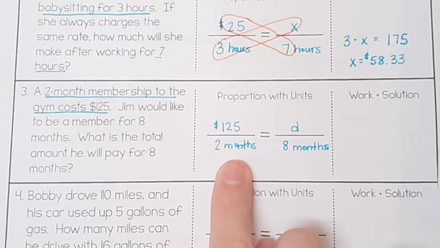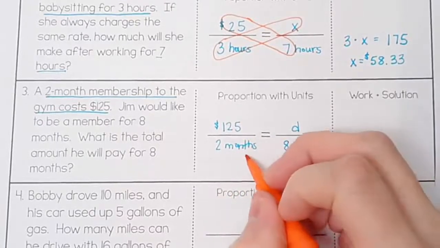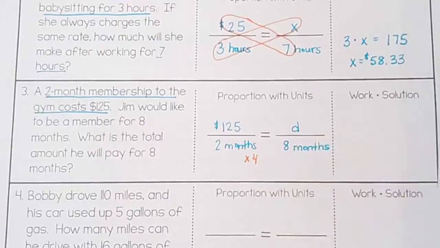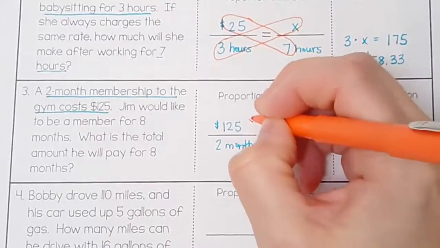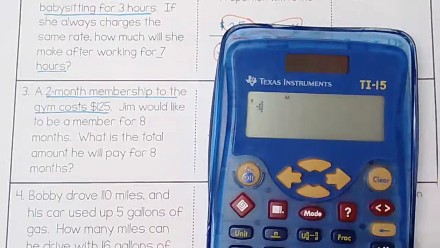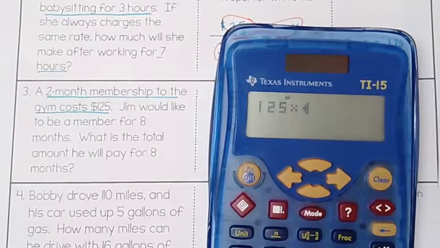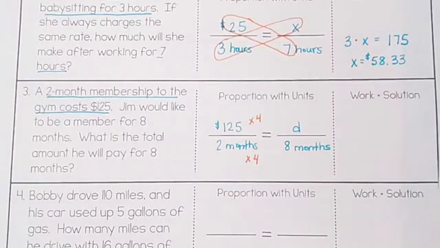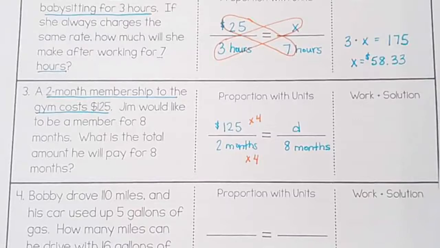So now I just need to do 125 times 4, and I get 500. So what that means is 8 months of his gym membership would cost $500.